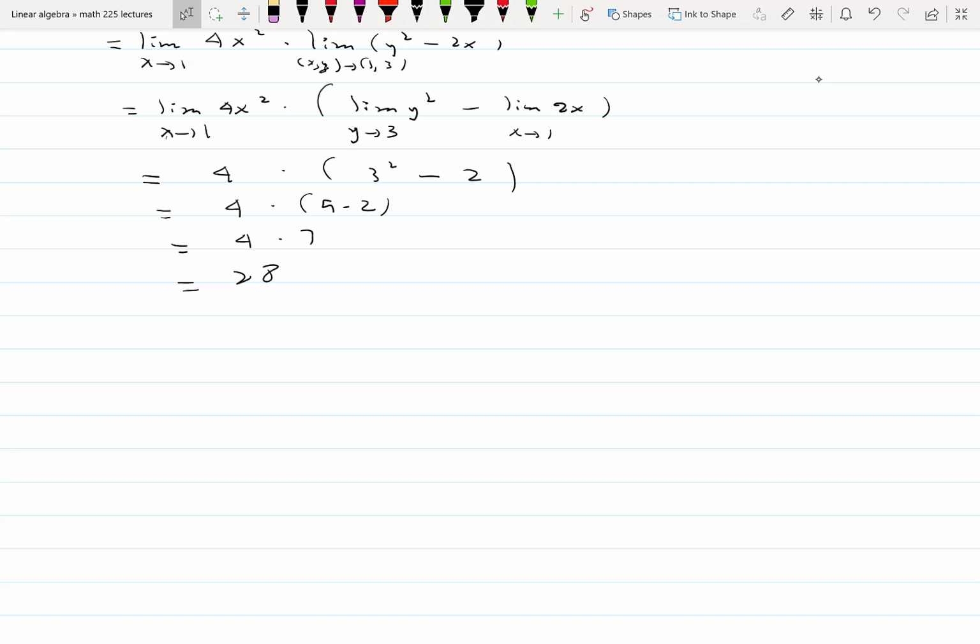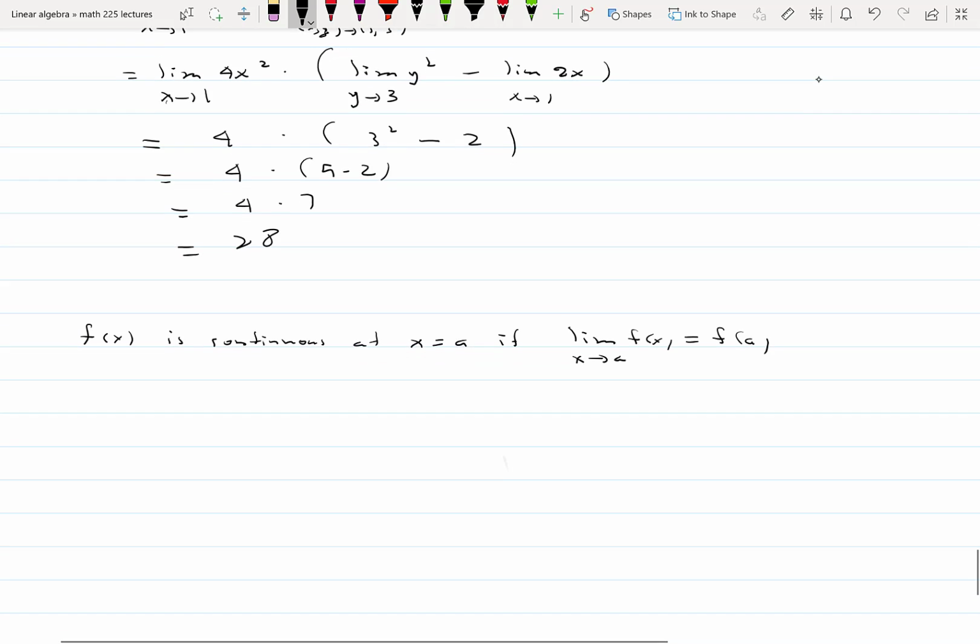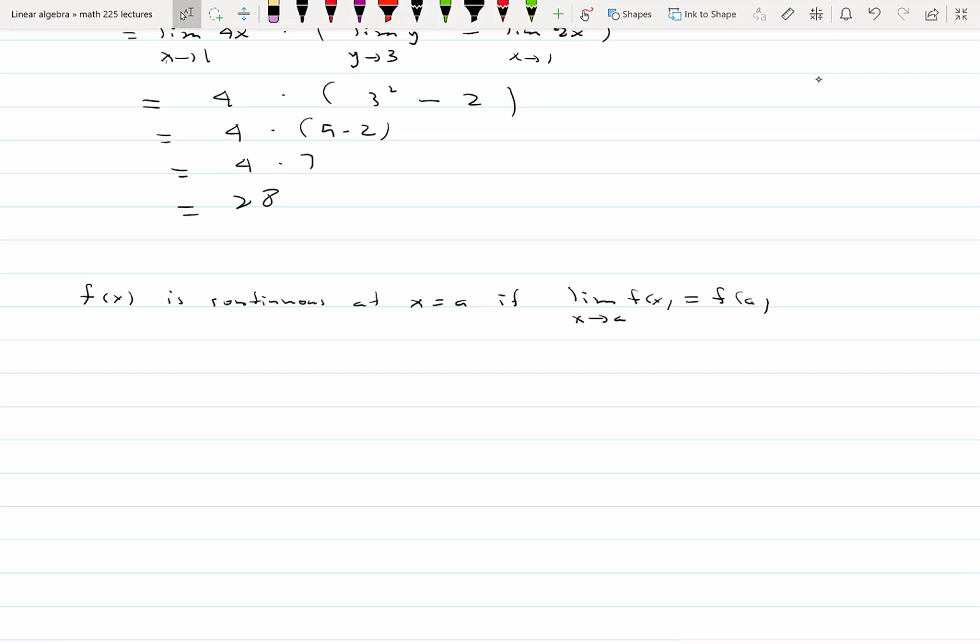We say that f of x from Calc 1 is continuous at x equals a if the limit of the function exists, but it also has to equal f of a, that the y values on the function are actually approaching the y value that's actually there at f of a.